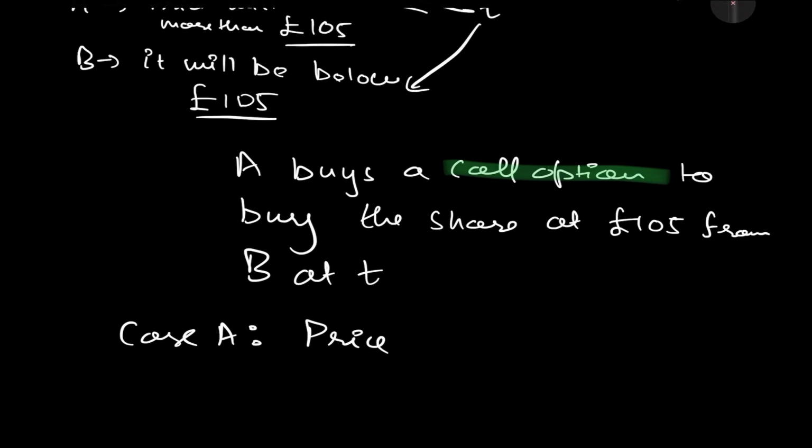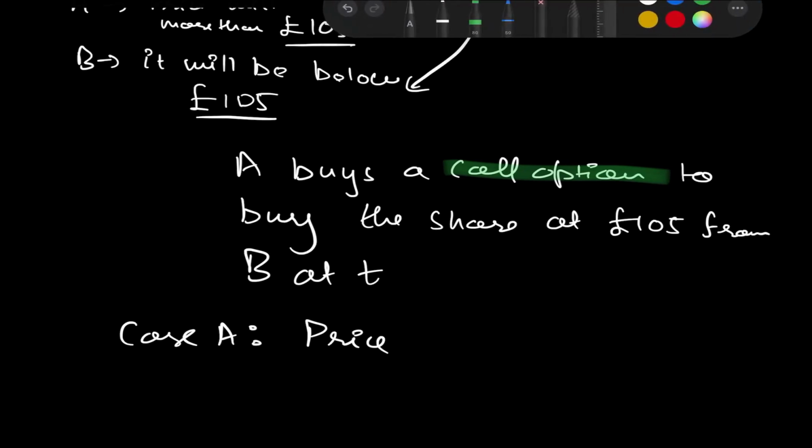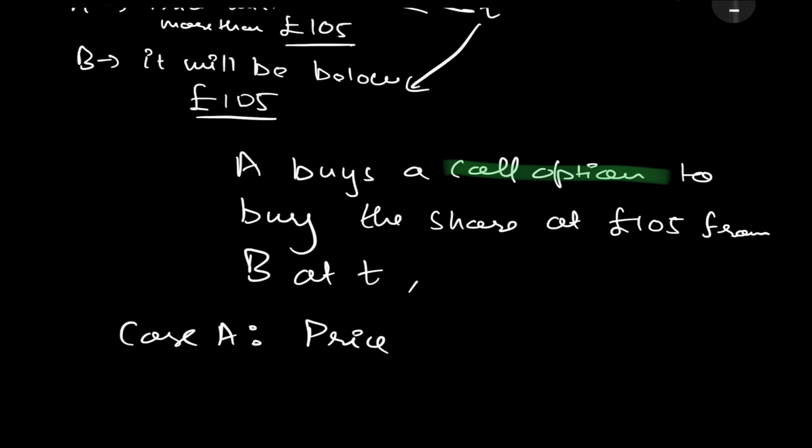So let me just describe a more wholesome contract to you. A buys a call option to buy the share at 105 from B at time t, and the price of the call option is equal to, let's say, £1. £1 is the price at which A gets this option.